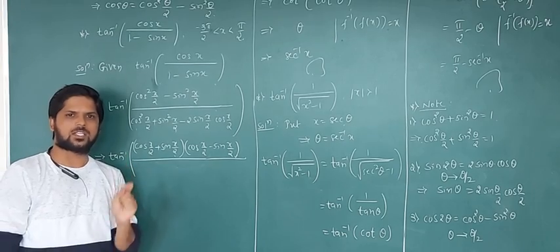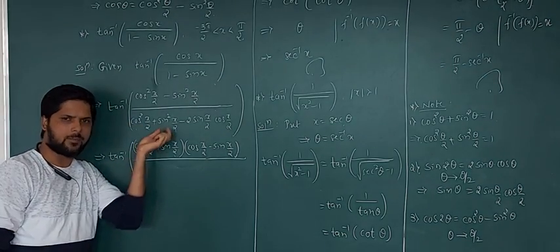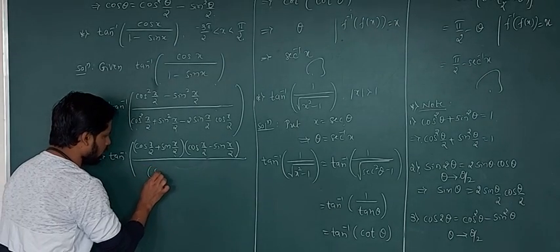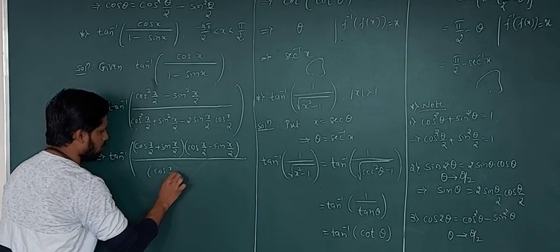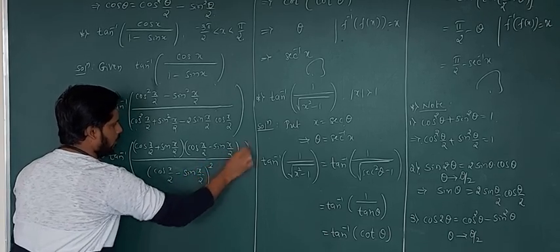This is a square plus b square minus 2ab, where a equals cos and b equals sin. So we get cos x by 2 minus sin x by 2 whole square.